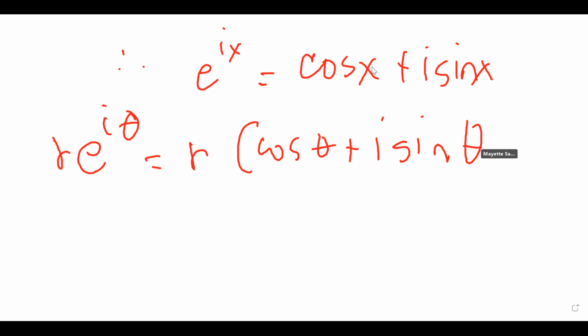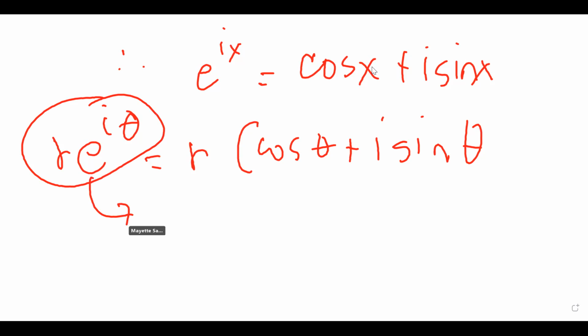Now, this one here is what we call the Euler form of the complex number. This representation of the number is considered to be the most beautiful because it contains everything, all the number systems.